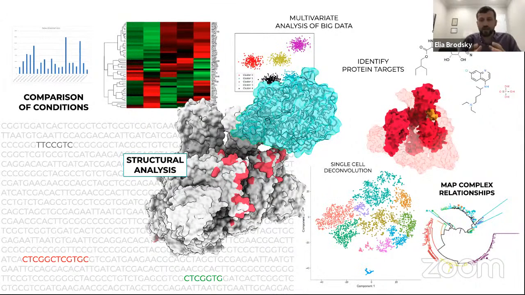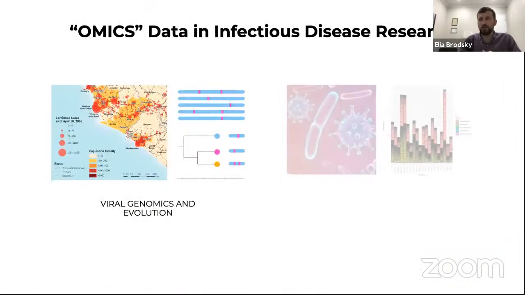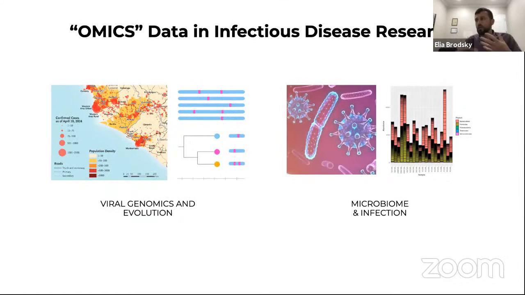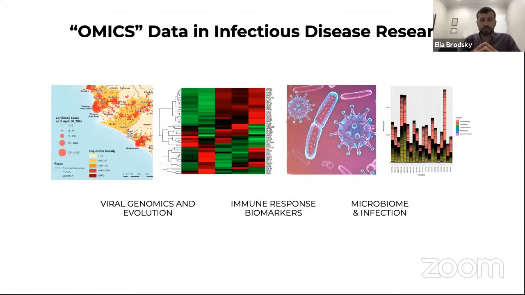And all of these are very different types of data that we all need to know how to effectively study and mine for patterns to understand such host pathogen interaction. So let's look at a couple examples of how we can deal with data and what kinds of data sets we will be dealing with to be able to ask such questions.